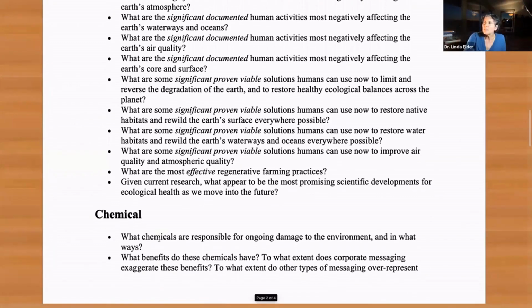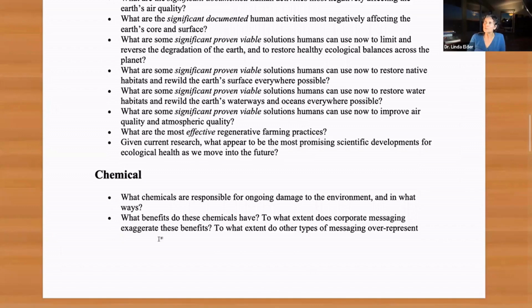What are some significant, proven, viable solutions humans can use now to limit and reverse the degradation of the Earth and to restore healthy ecological balances across the planet? And there are many. Many are emerging, and we want to highlight and celebrate those. We want to work together to use those as much as possible.